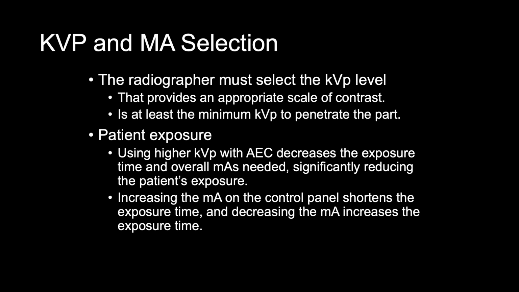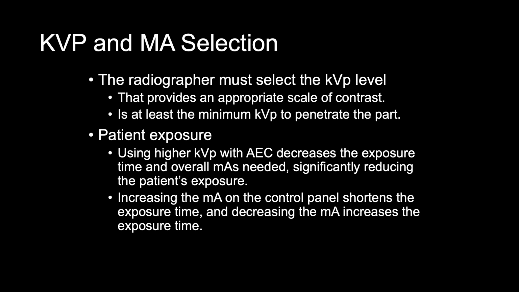A high kVp is used for chest imaging with a grid to best visualize the widely varying tissues. In addition, the higher the kVp, the shorter the exposure time needed by the AEC device, because high kVp radiation is more penetrating, and more X-ray photons exit the patient.